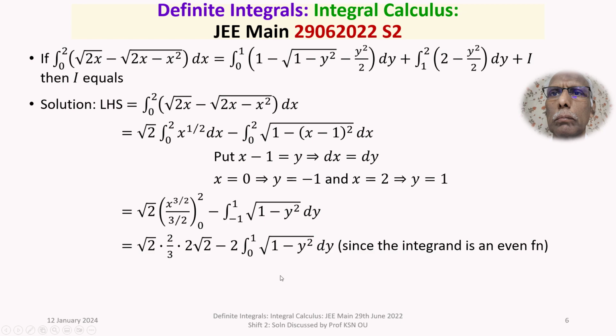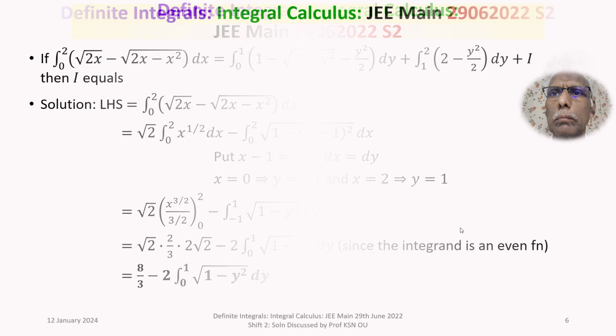I told you to retain that one wherever you get it. So we will keep it as it is, we will not evaluate that. And that is equal to, simplified, 8 by 3 minus 2 times the integral from 0 to 1 of the square root of 1 minus y square dy. That is the LHS. In the next slide, we go for the right hand side.